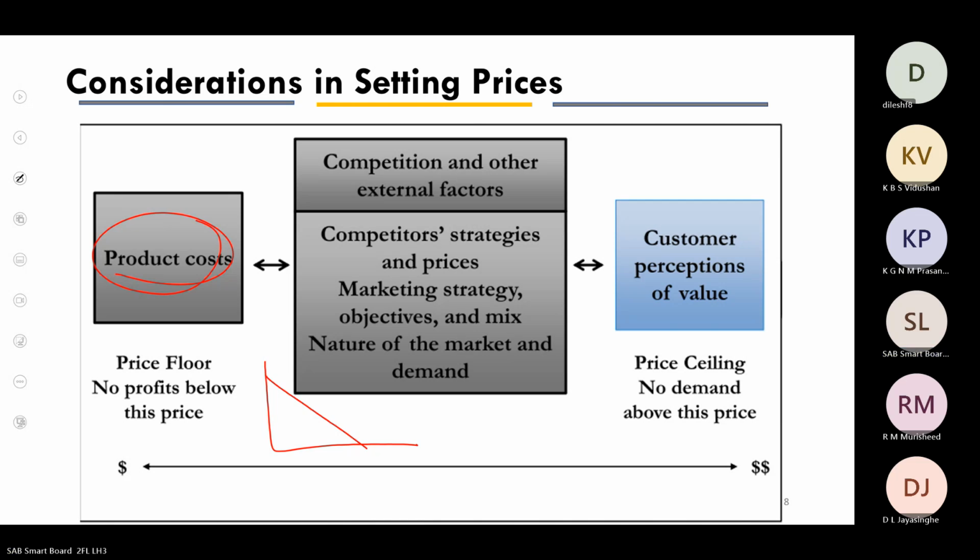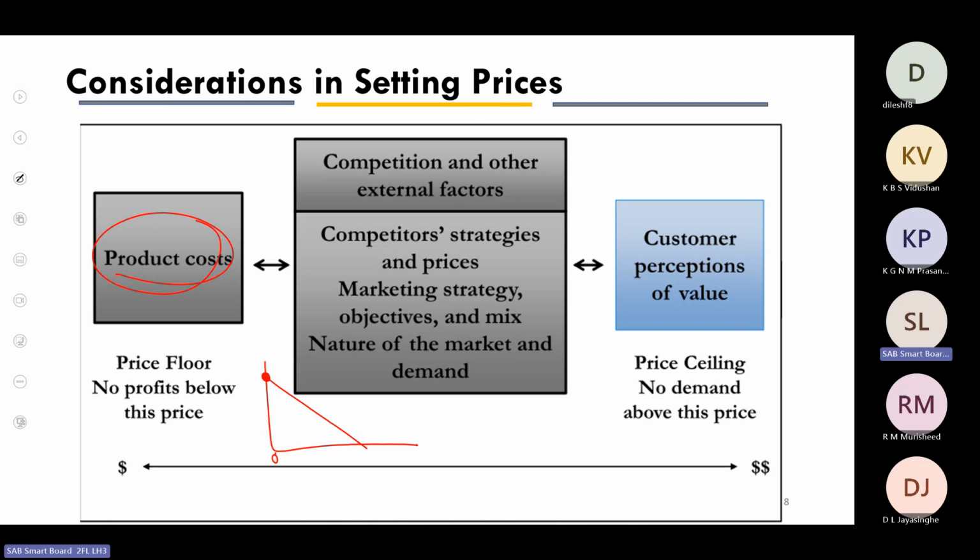This is the zero level, and after this point we will not have any income or revenue for the organization. So we have to consider the cost of the product. At least from the price, we should cover the cost of the overall production of products.